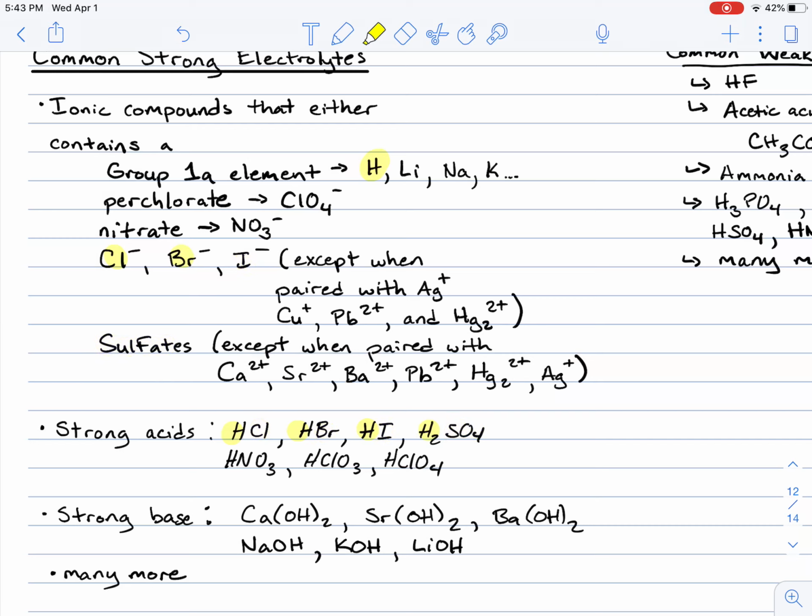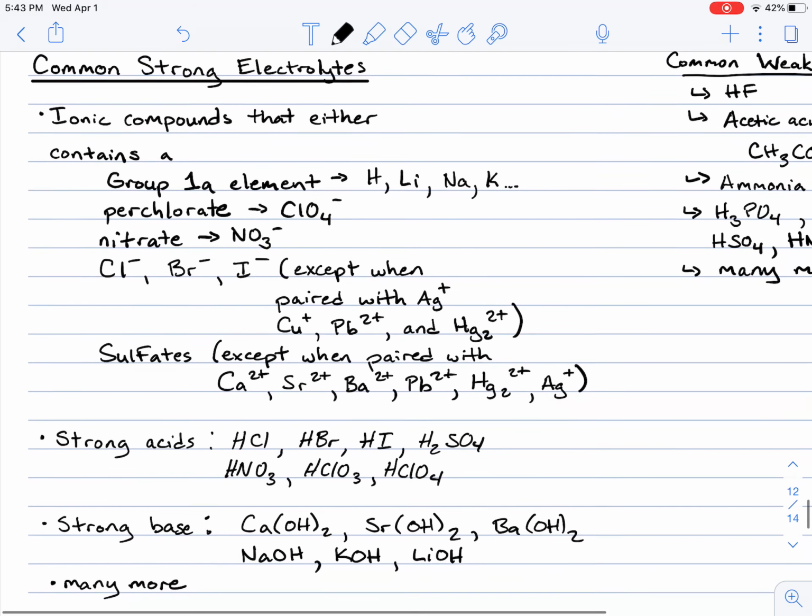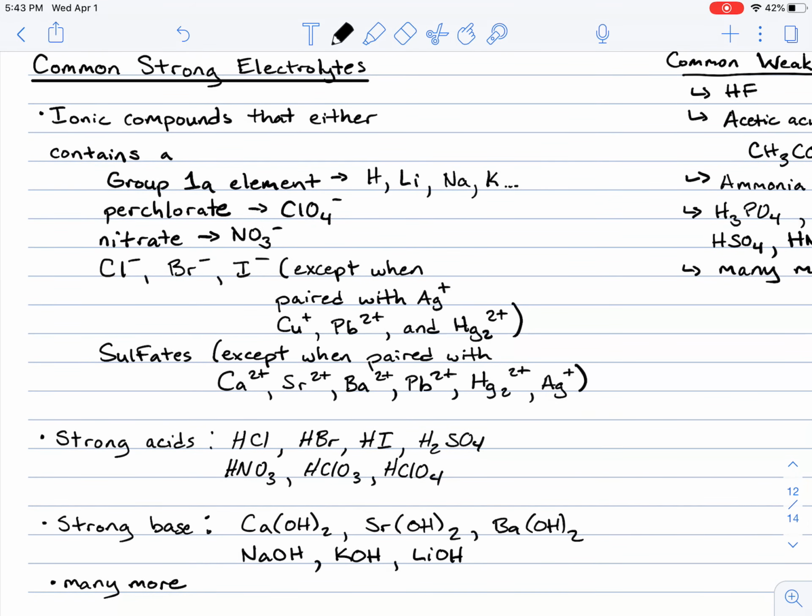And so I just wanted to reiterate those points just so you have a stronger resource for determining whether an electrolyte is a strong electrolyte or not. And just to complete the picture, sulfate is SO4 2 negative. That's a polyatomic ion.